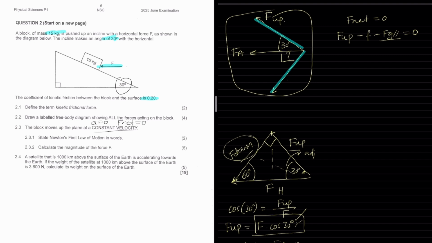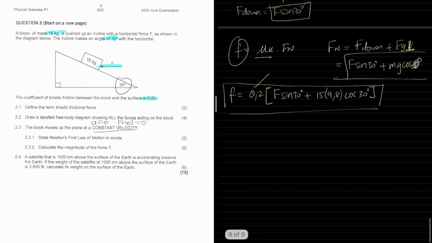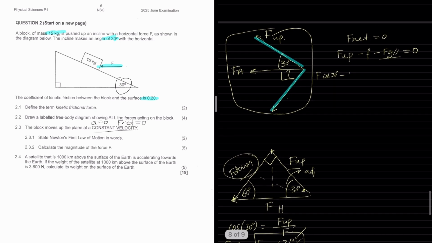So F up we said is F cos theta. So F times cos 30 minus the friction we said was 0.2 into, that's 15 times 9,8 times cos 30 and plus F sine 30.